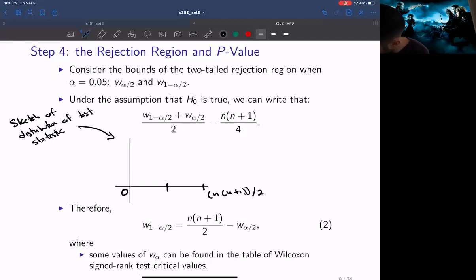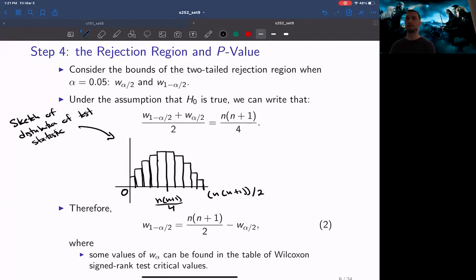In the middle, right here, we have n times n plus 1 over 4. Then a sketch of this distribution could look something like this. So we would have basically a symmetric histogram. Like that.